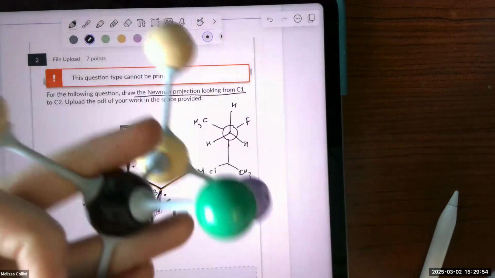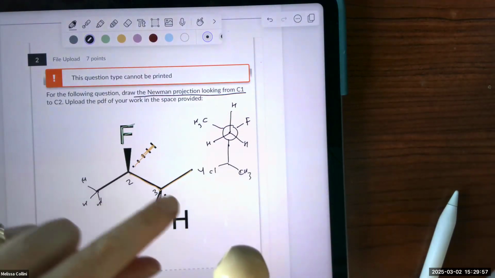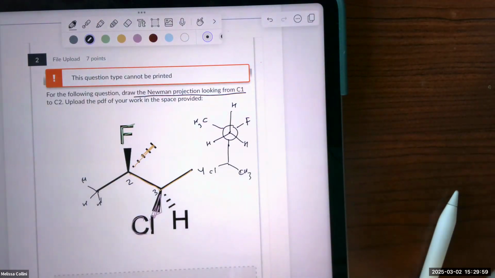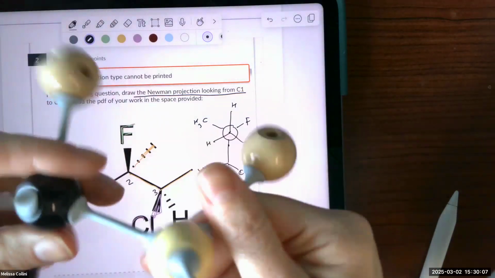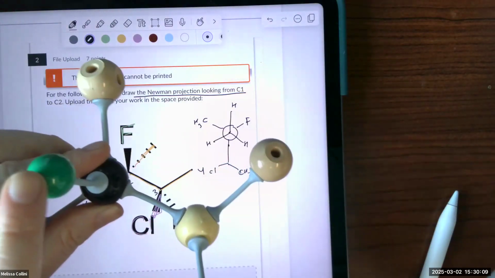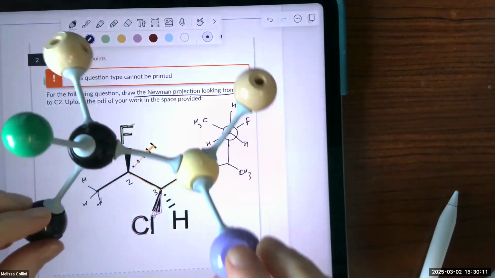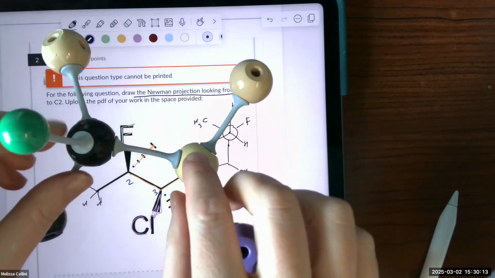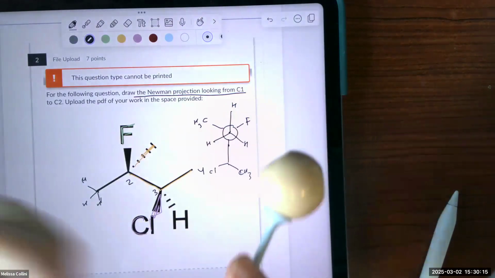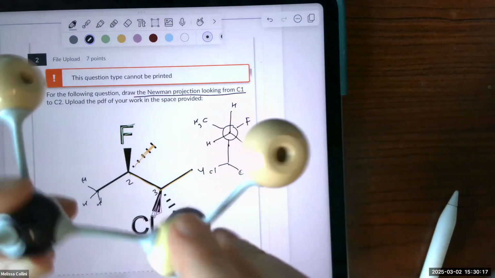Now, I had mentioned if you, without thinking, just did it from carbon 2 to carbon 3, that's totally fair. That was my typo. So I'm going to take these hydrogens off. I'm going to show you what that would have looked like as well. So now we're back to the base model with a fluorine coming towards us, methyl there, chloro here. So this chlorine has a drawn in hydrogen right here going into the page.